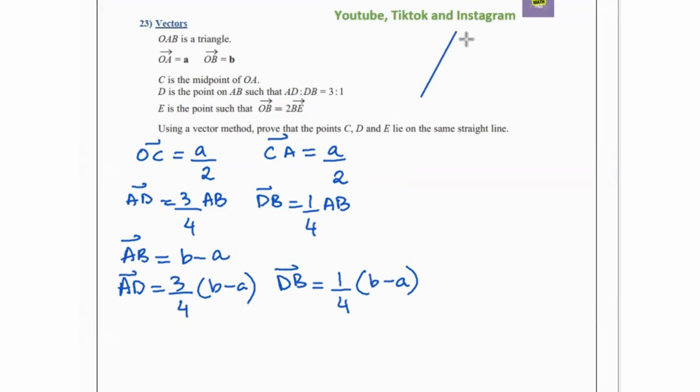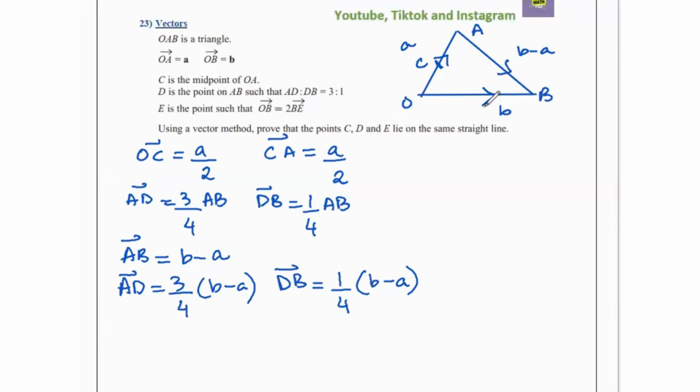If we draw a rough representation of the triangle OAB, this is OA, this is OB, and AB is B minus A. C is the midpoint of OA, so let's say this is C. Let's write A over 2.